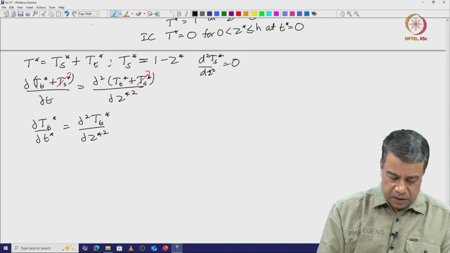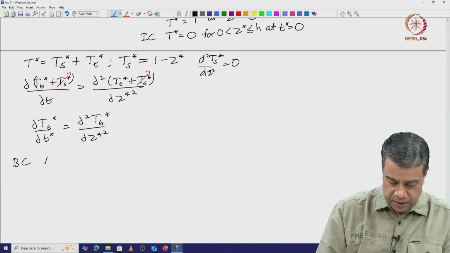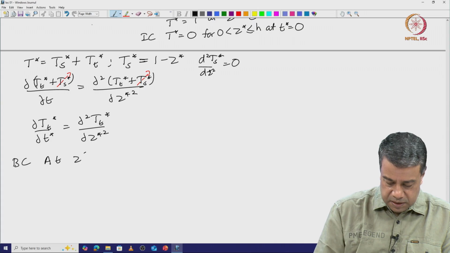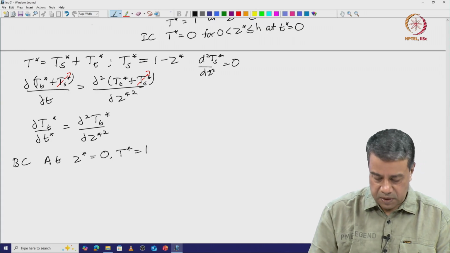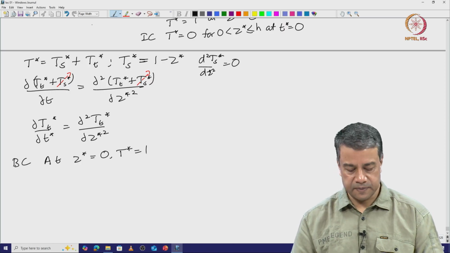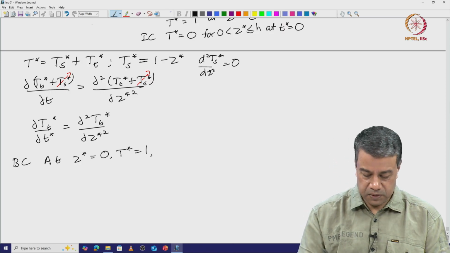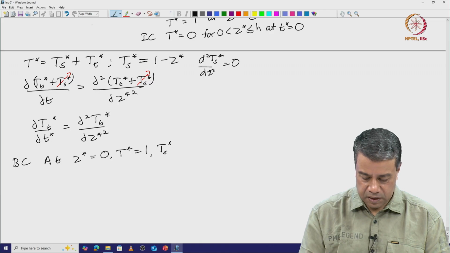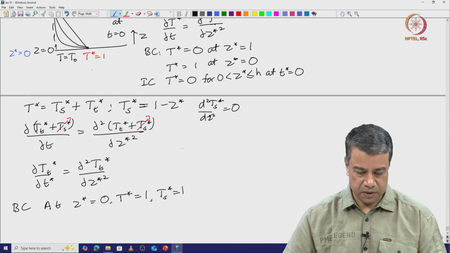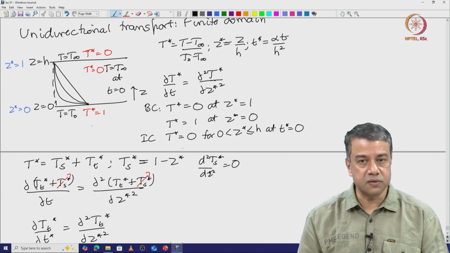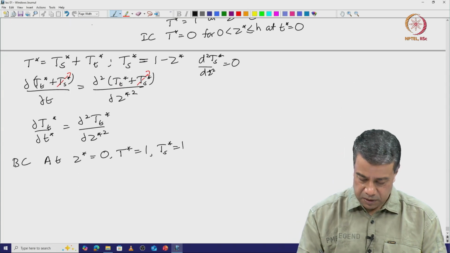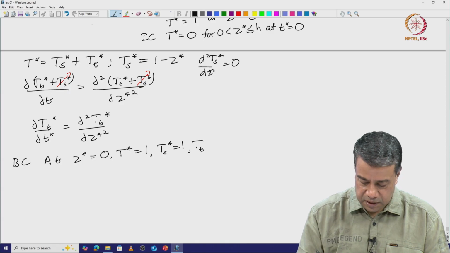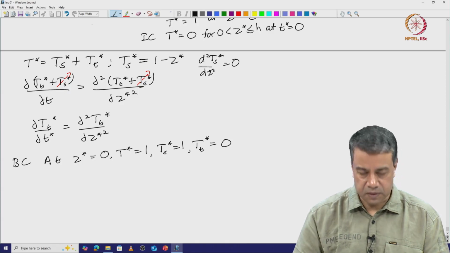What about the boundary conditions? At z star equal to 0, T star is equal to 1, that was at the bottom surface. However, we know that the steady part is also equal to 1 at the bottom surface for the linear profile. Therefore, the transient temperature has to be equal to 0.